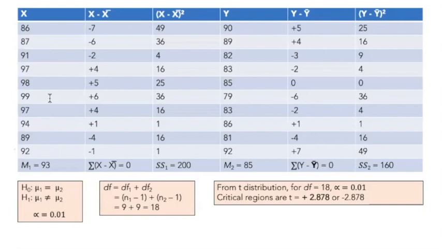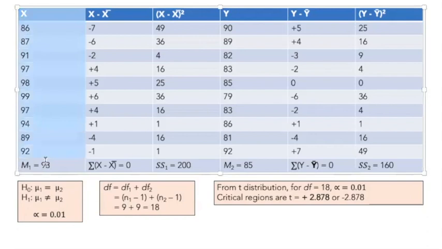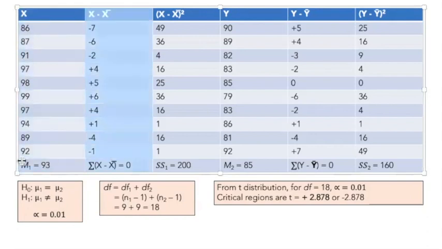So the first thing that you have to do, now this is your data for the first group, is go for x minus x bar. x represents each data point, each score here. x bar represents the mean.